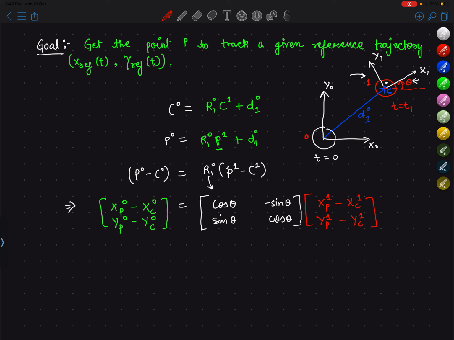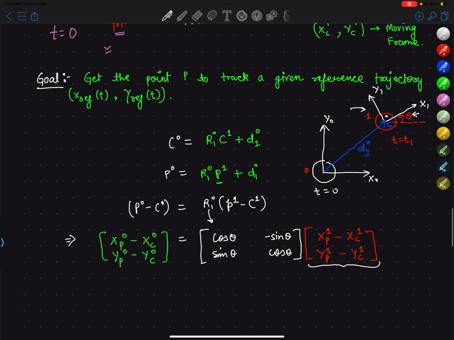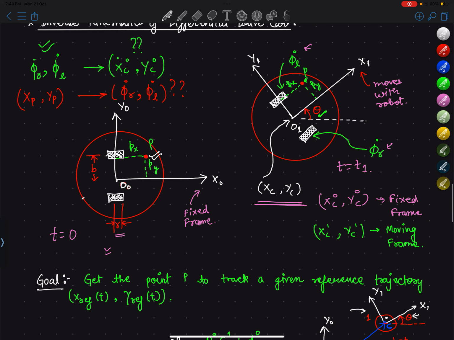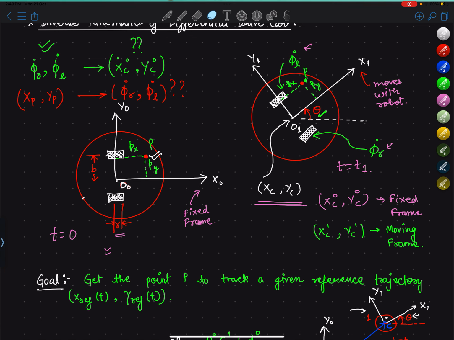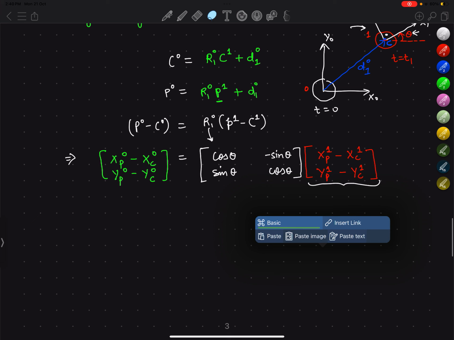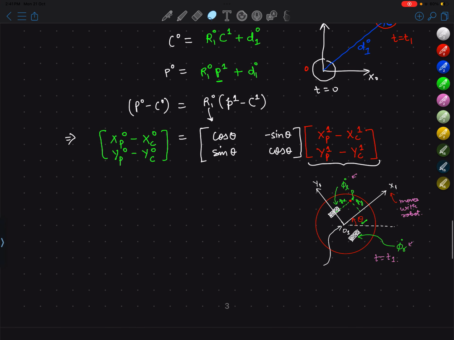Now we know what this is, right? We marked it in the diagram. So xp1 minus xc1 is what? Let me bring this downwards. So this is the diagram. We know this is xc, yc. xp1 minus xc1 is basically this vector, and it never changed because point P is fixed to the robot.